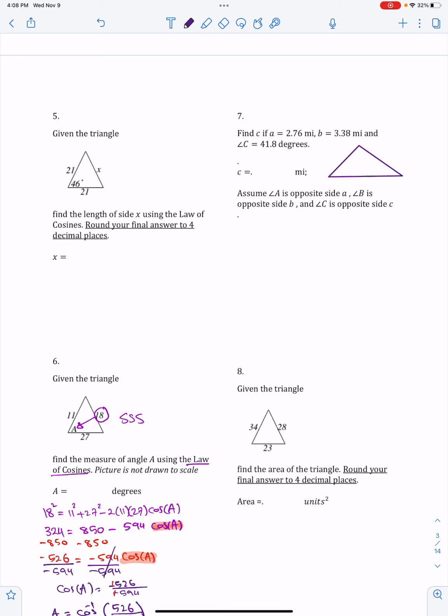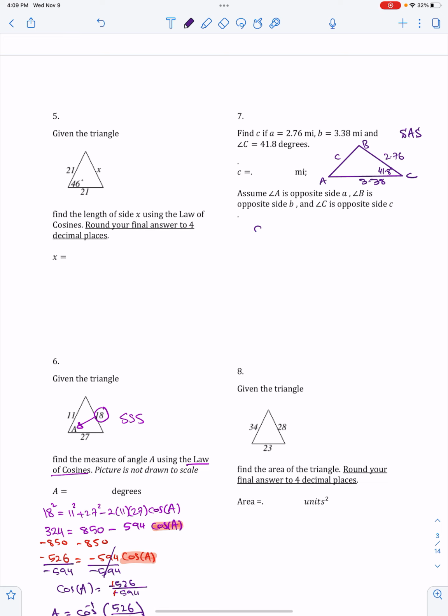Okay, I'm going to say this is A, B, and C. So side A is equal to 2.76, side B is 3.38, and angle C is 41.8 degrees. I have side, angle, side, which means I should use the law of cosines to figure out side C.